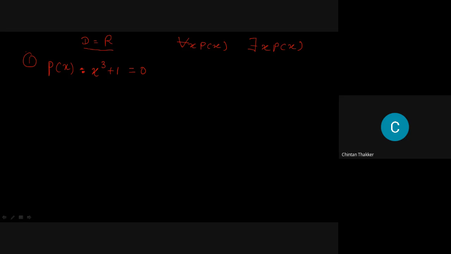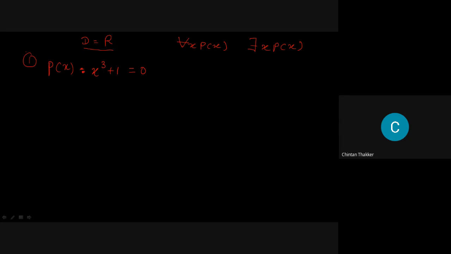So for all x px, first you have to find the counter example for which value the px is false. Here you have lots of counter examples. If you take x equal to 2, then 2 cube is 8, so 8 plus 1, you got 9. So for x equal to 2, p of x is false. So all x px is false.